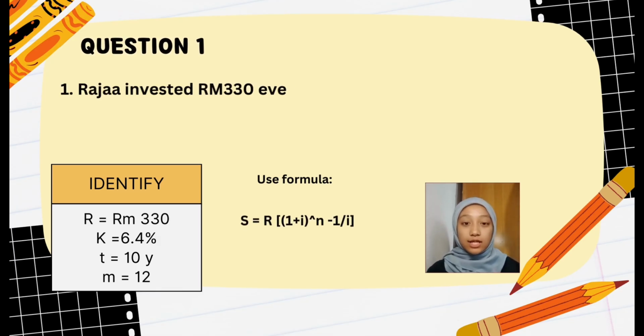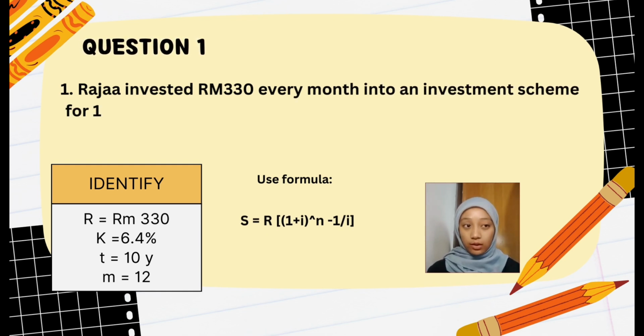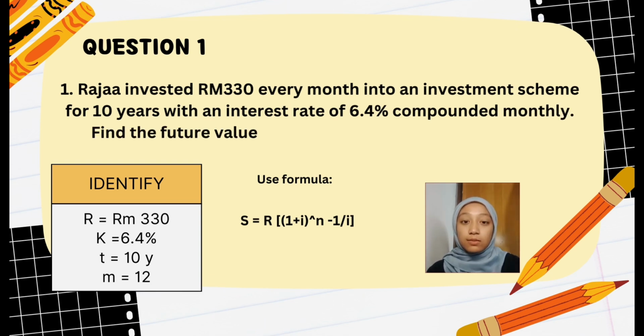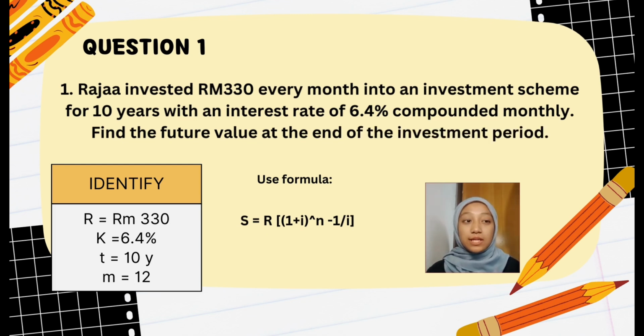Question 1: Raja invests 330 ringgit every month into an investment scheme for 10 years with an interest rate of 6.4% compounded monthly. Find the future value at the end of the investment period. In order to answer the question, we must determine its contents. Since the question has R equals 330 ringgit, T is 10 years, the rate is 6.4%, m equals 12.